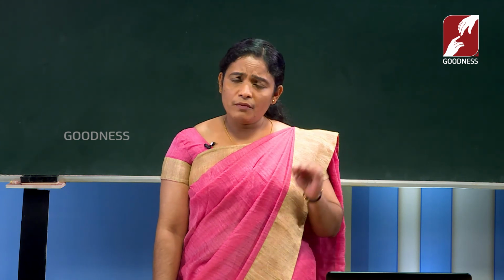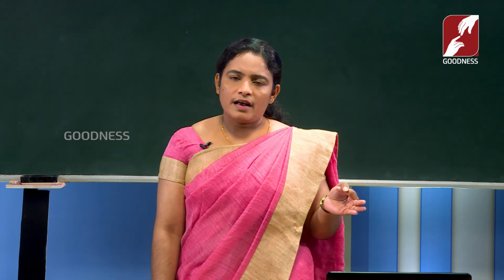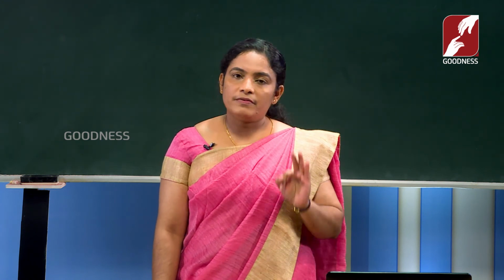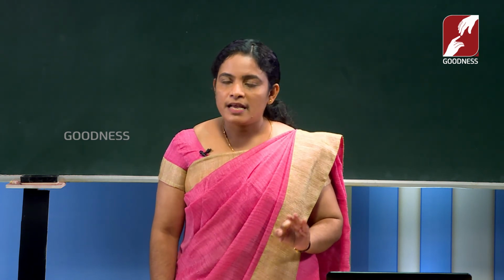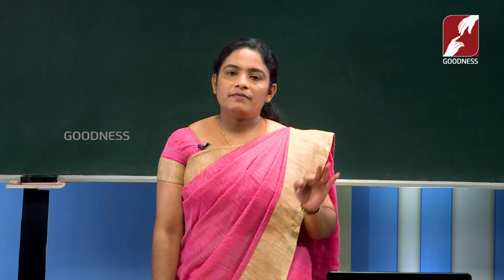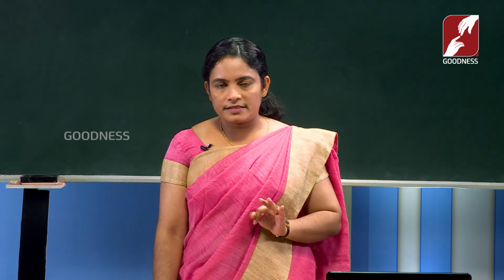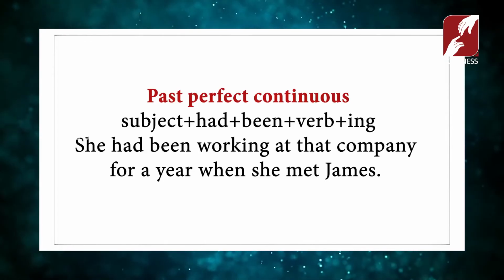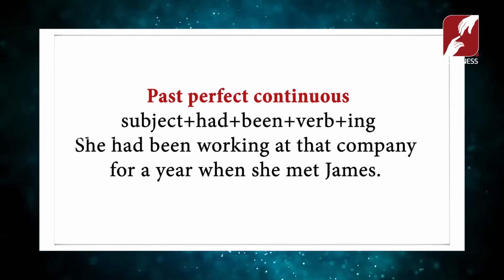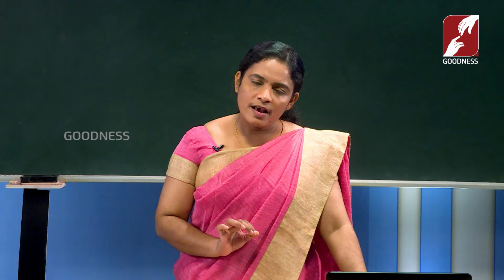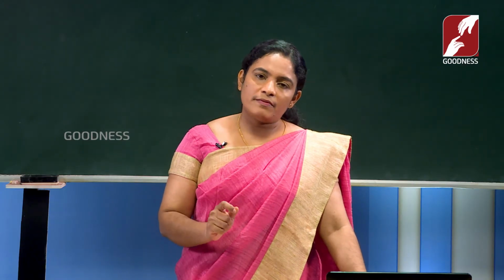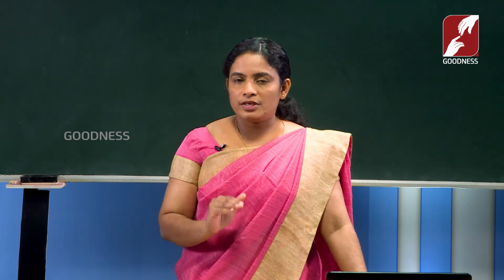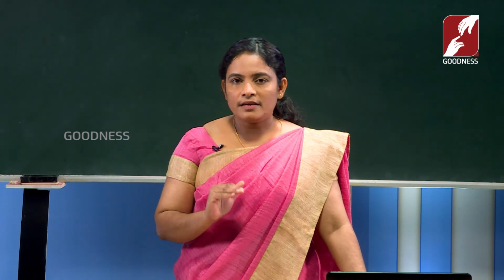Then what about the past perfect? There will be two actions in a sentence. To show the first action, we will use the past perfect tense, and to show the second action, we have to use the simple past tense. And what about the past perfect continuous? An action that started in the past and continued for a particular period of time, and it stopped in the past when another event occurred. These are the 4 divisions of past tense.